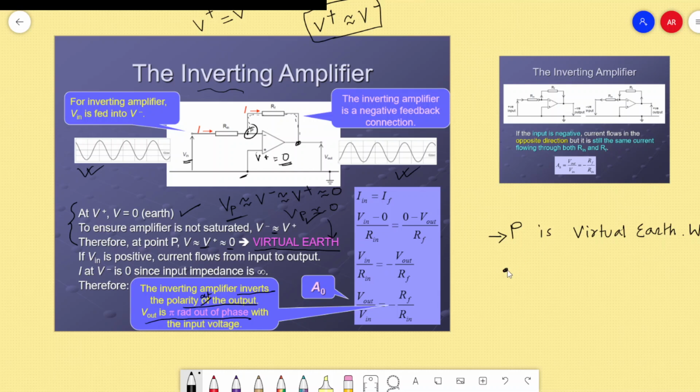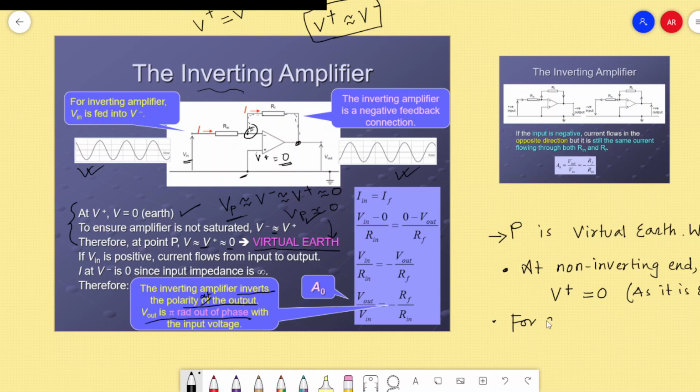So what are we going to write? We are going to write that at the non-inverting end, the input V plus is 0, as it is earthed.